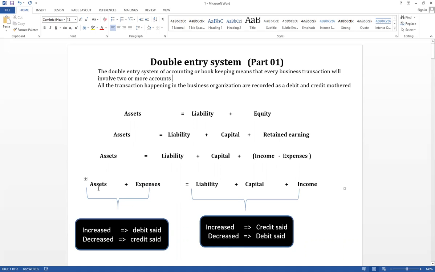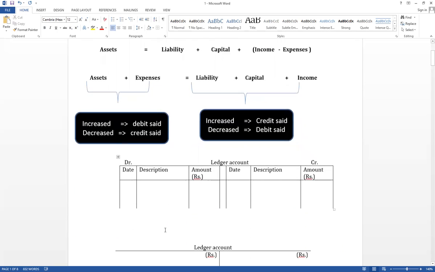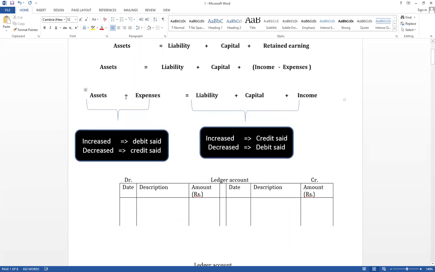As a result of transactions and events, if assets and expenses increase, they should be recorded on the debit side. Think about this: this is the debit side. If assets and expenses decrease, they should be recorded on the credit side. This is the debit side and this is the credit side.